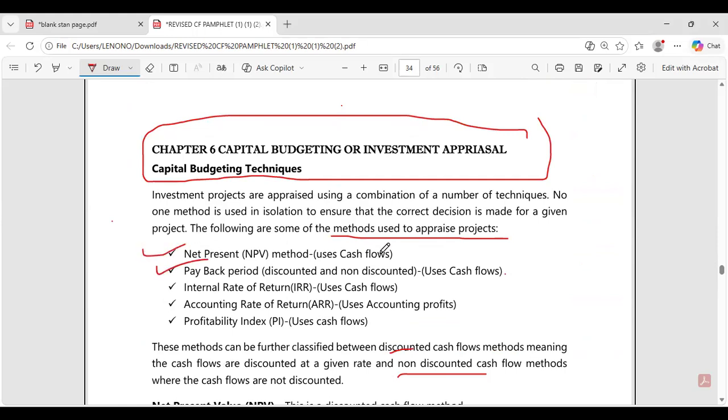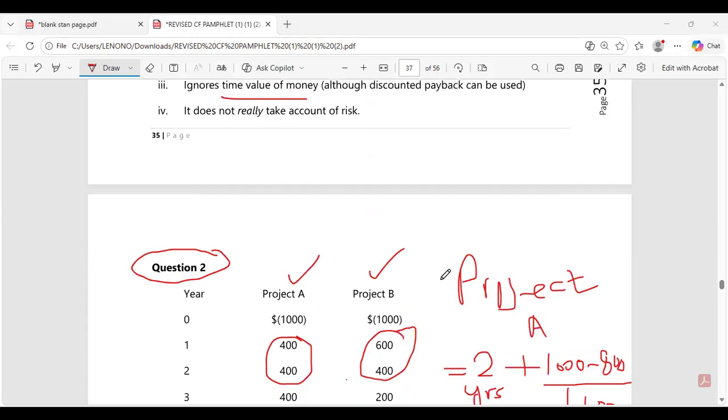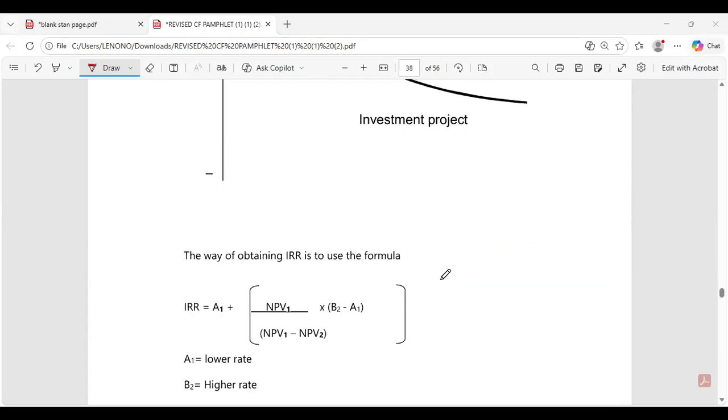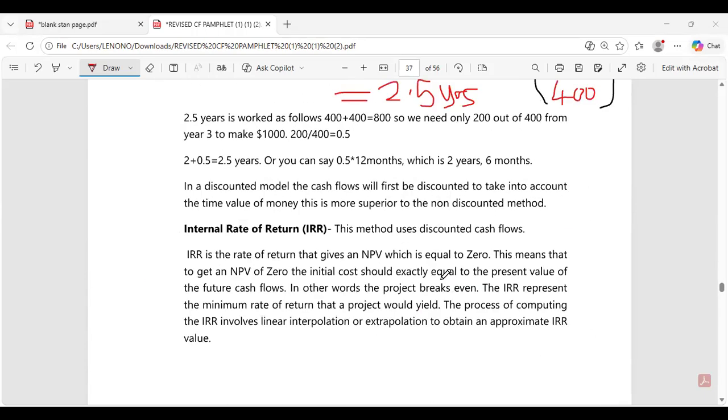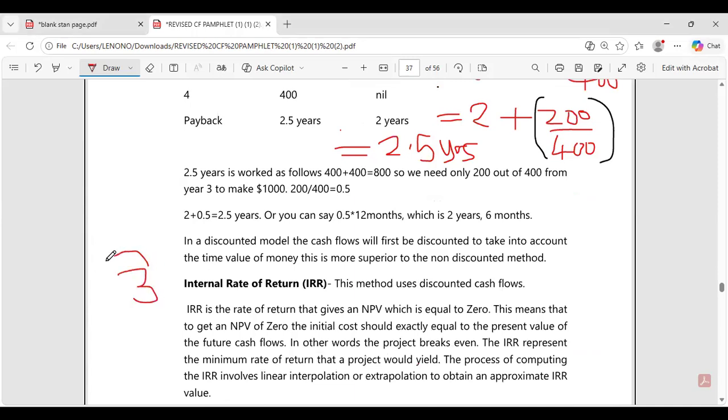Let's move on to the other one. So the other one we can look at is the internal rate of return, number 3. This method uses discounted cash flows.